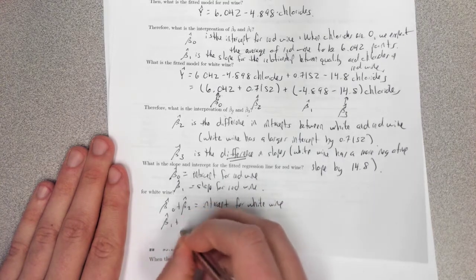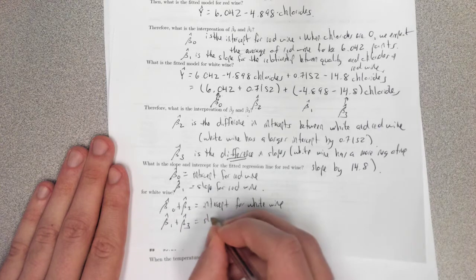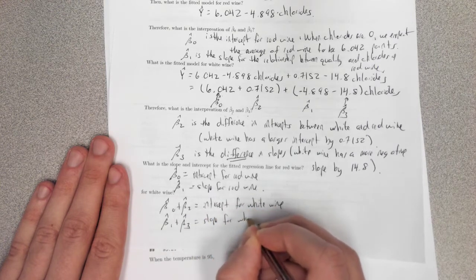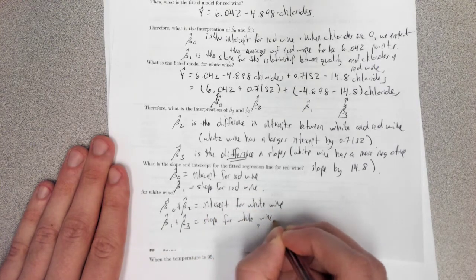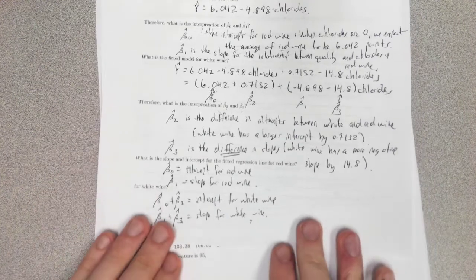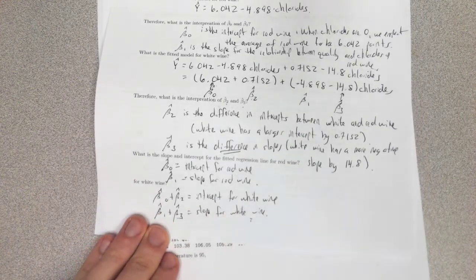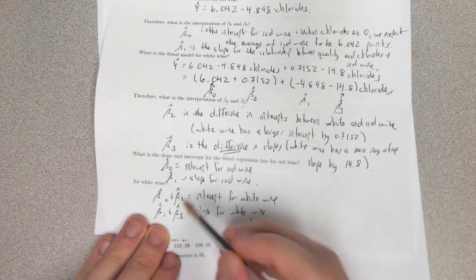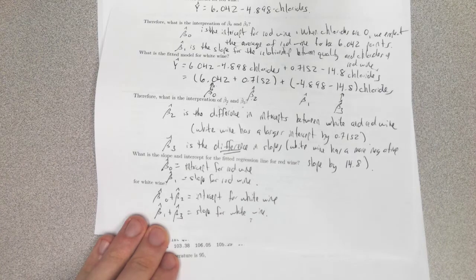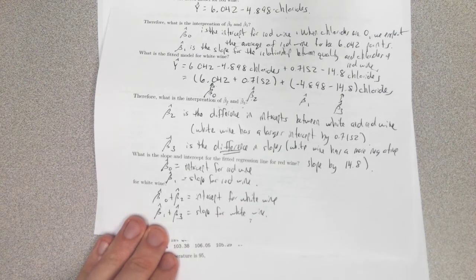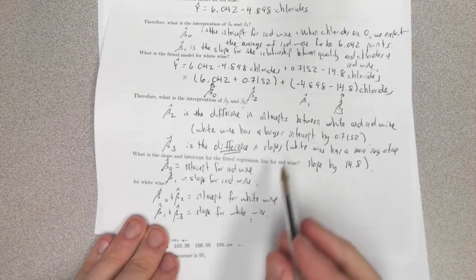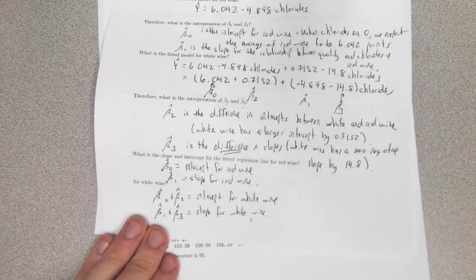And beta hat 1 plus beta hat 3 is the slope for white wine. So if we wanted the intercept and slope for white wine, we would have to do a little bit of calculation from that summary output. And we would know that beta hat 2 and beta hat 3 represent the differences in the intercepts and the differences in the slopes between the two categories of our categorical predictor variable.